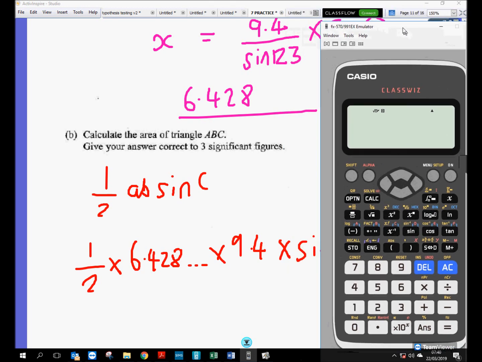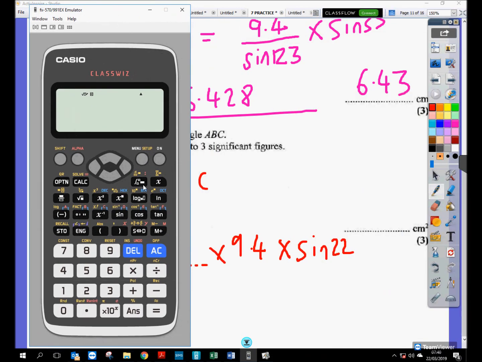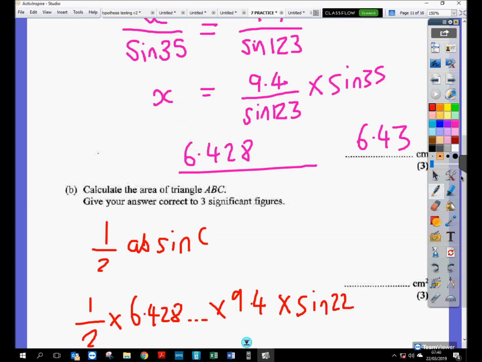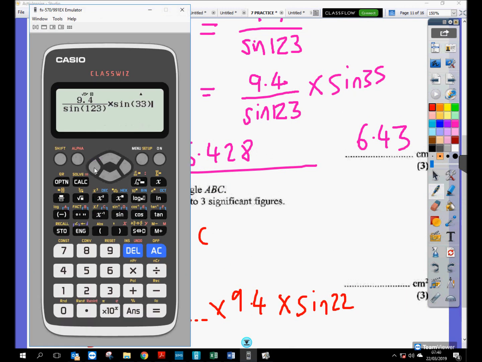I need my display from before. See, this is why you copy down the calculator display, so then you don't have to retype it again. So I need the full display. So gotta get that. Okay. That's not right. That's 35.